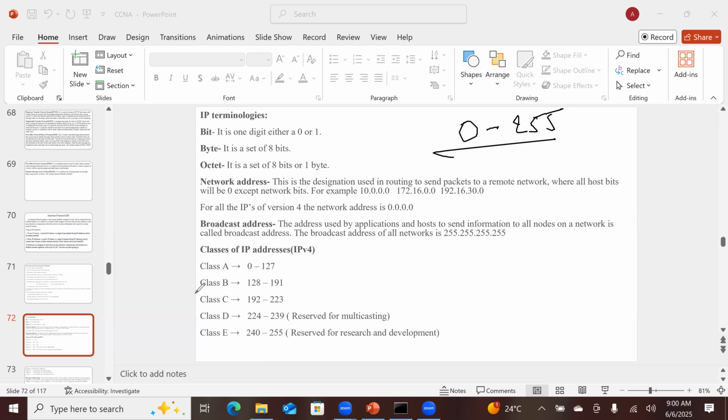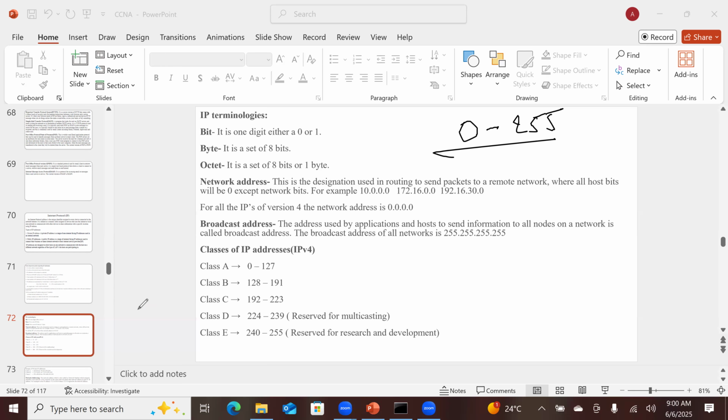Class C has 192 to 223. Class D has 224 to 239, and that is reserved for multicasting. Class E has the remaining 240 to 255, and that is also reserved for research and development purposes.